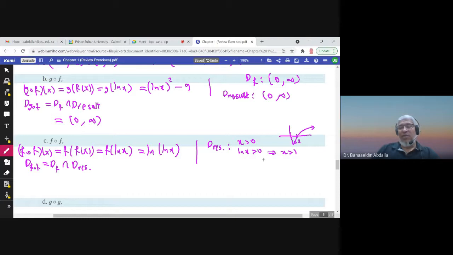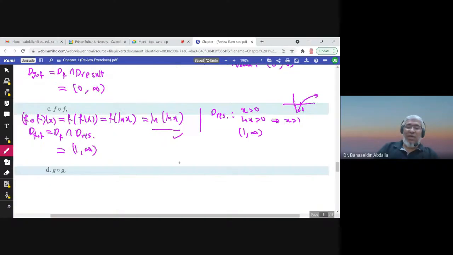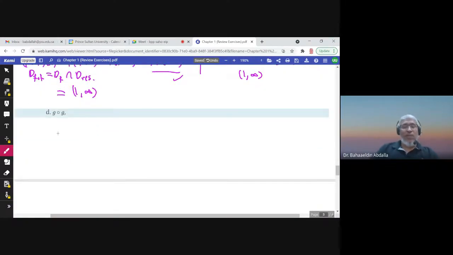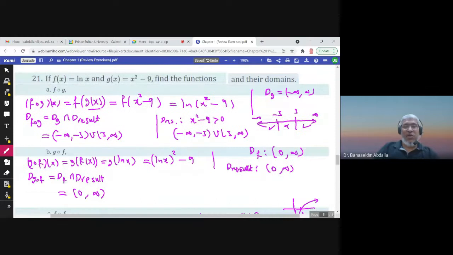So in fact, the domain of the result is from 1 to infinity, intersection the domain of f, which is from 0 to infinity. So the domain would be from 1 to infinity. So pay attention to this question. It's a nice idea here. g circle g of x would be g of g of x, and g of x is x squared minus 9.